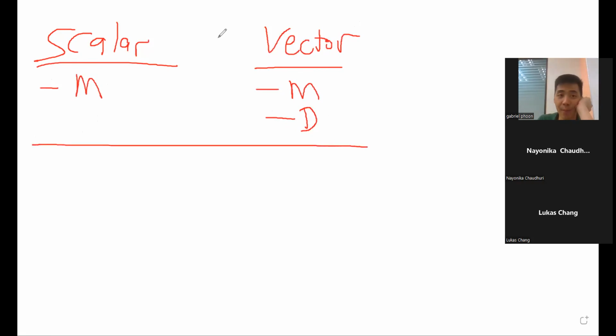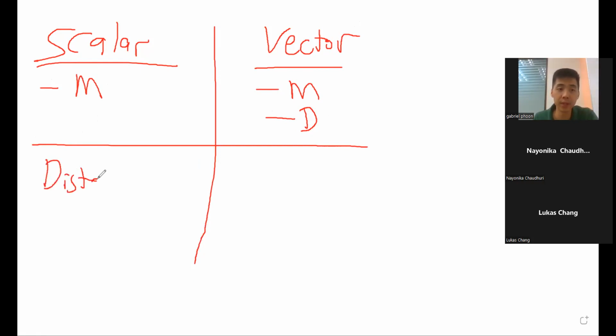So the first difference we learned is scalars and vectors, and then I gave you examples of each. The most common scalar example is distance. Distance does not care about direction because your distance could have been A to B to C to D to E or whatever. It has no one specific direction.